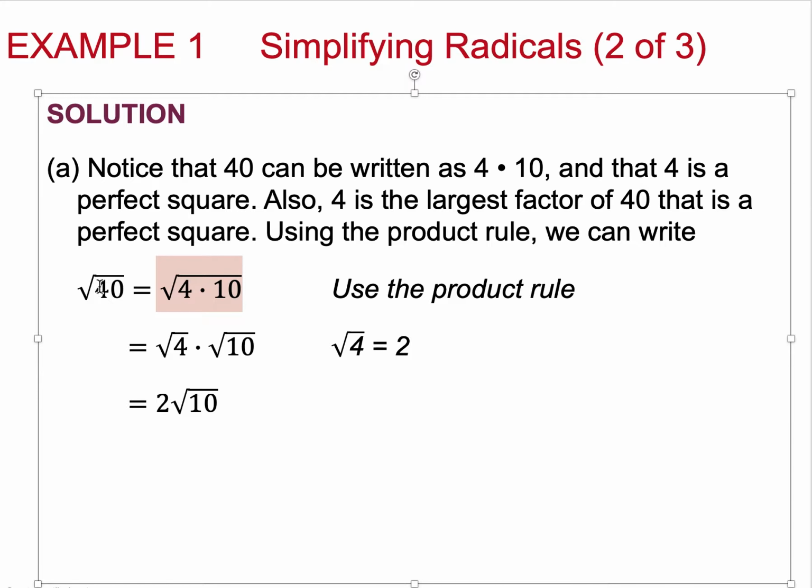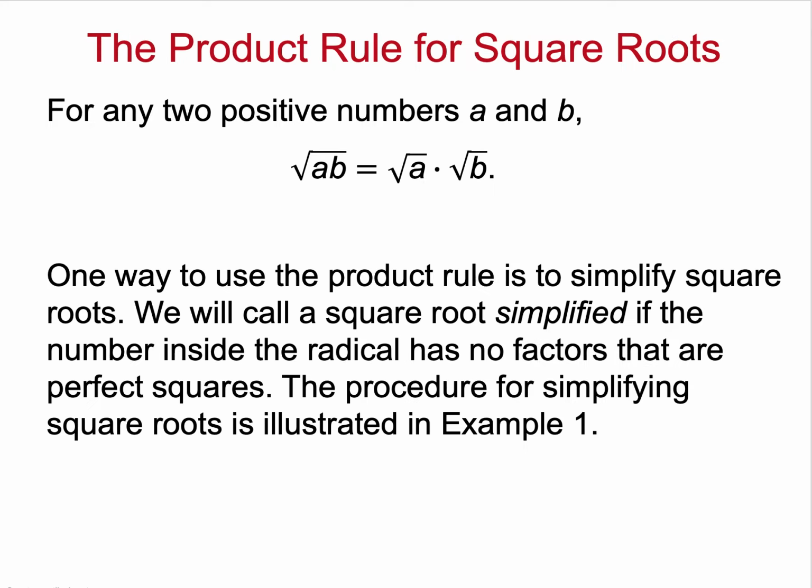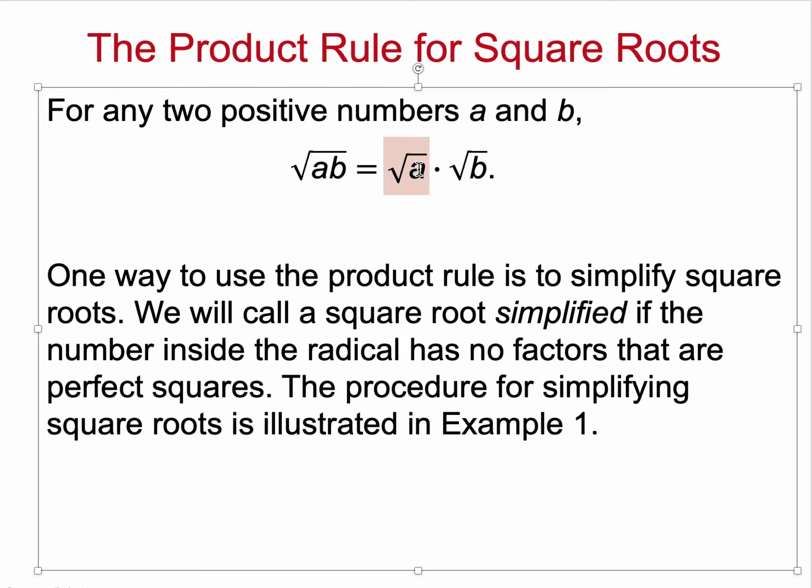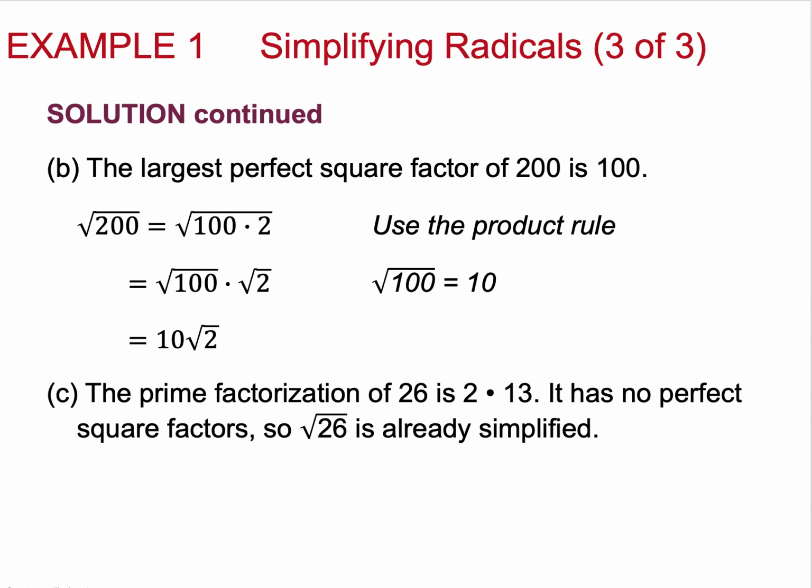Going through the factors of 40, 4 times 10 is a factor pair of 40, and 4 is a perfect square. So showing all the steps that probably were not shown in your high school math classes, that becomes the square root of 4 times the square root of 10 as two different radicals. Utilizing this rule here, I can write them as separate radicals.